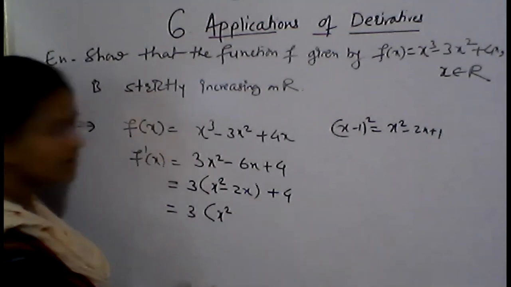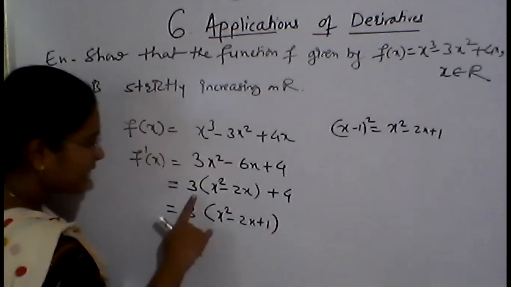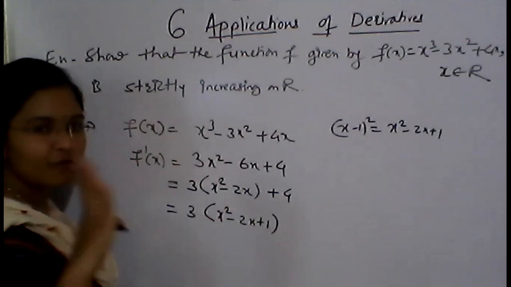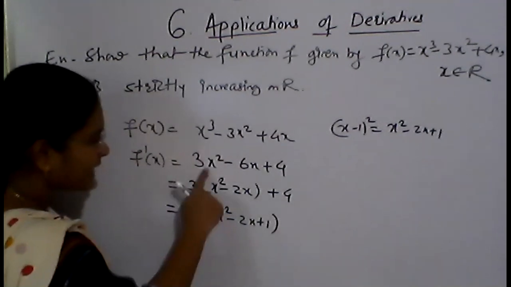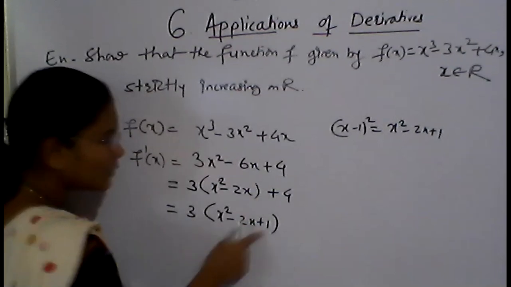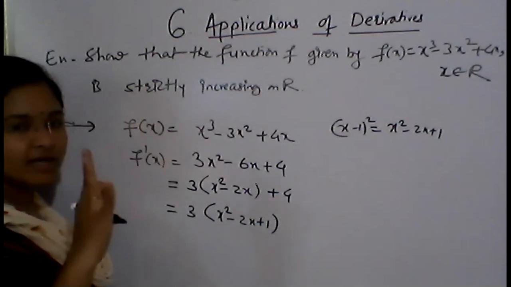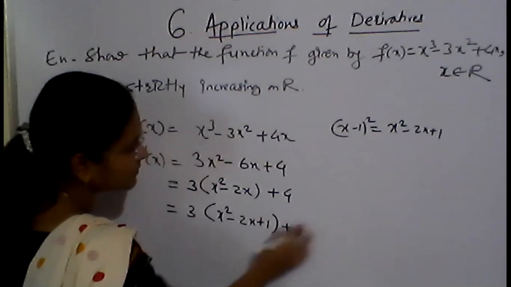We can split 4 also. So here x square minus 2x plus 1 bracket complete. 3x square आ गया minus 6x आ गया. Now 3 into 1 it will be 3 only. So 4 में से 3 चले गए, कितना बचा? Plus 1.